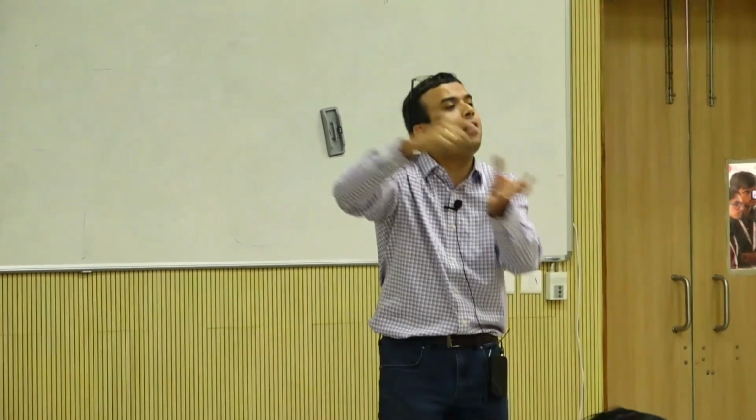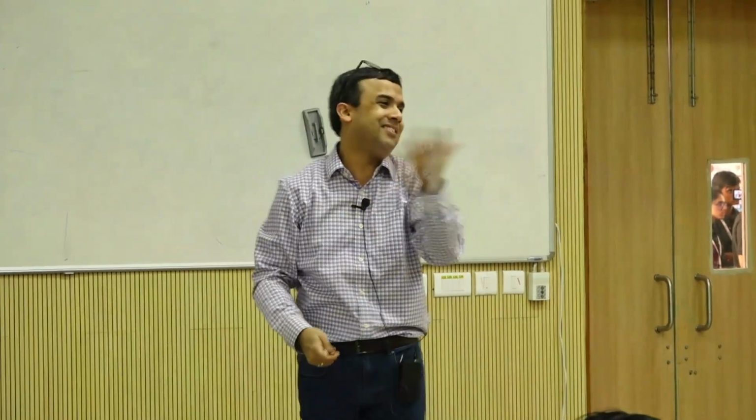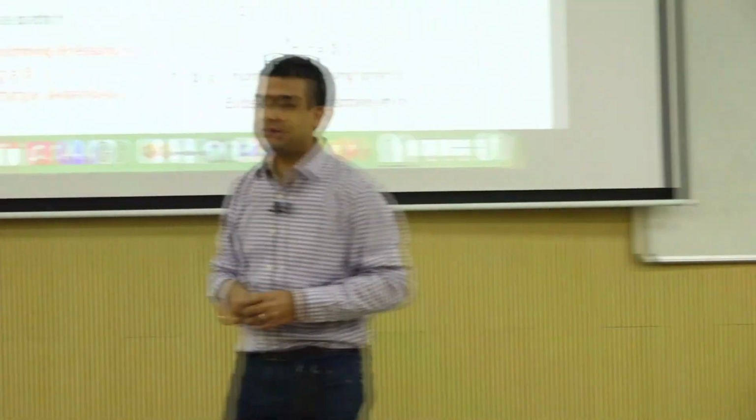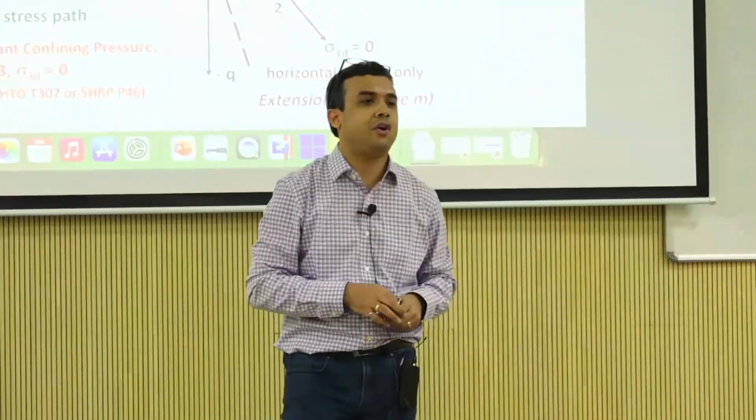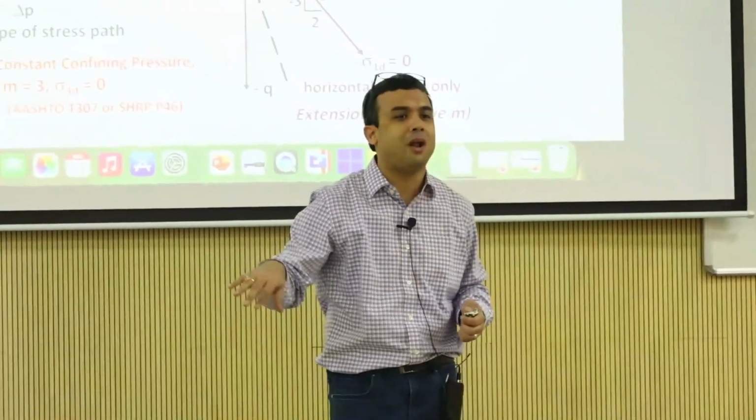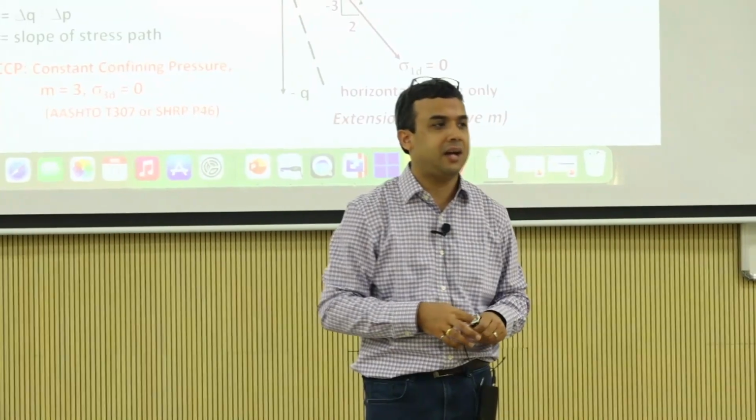It just resolves down to sigma d in traditional triaxial testing. You can't derive a theory for that because it's a very simplified case. So they derived the theory for the full case, which in classical mechanics or theory of elasticity is octahedral shear stress, and then it just resolves down to deviator stress in triaxial testing.